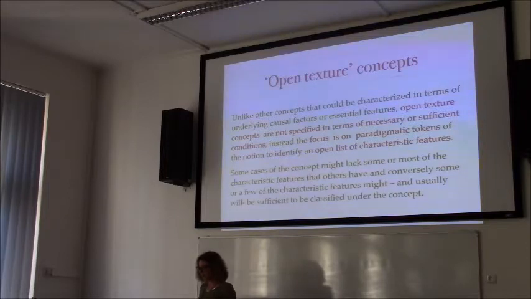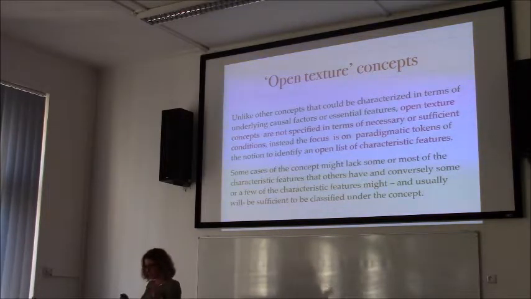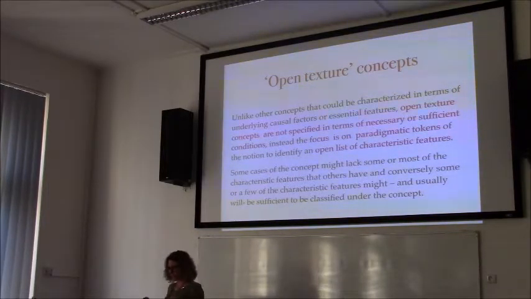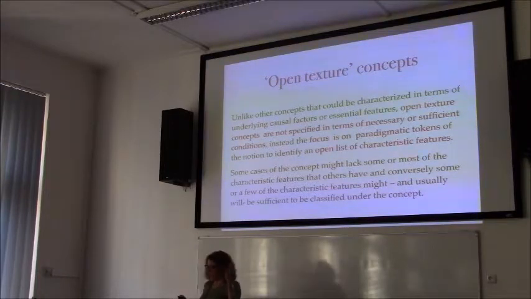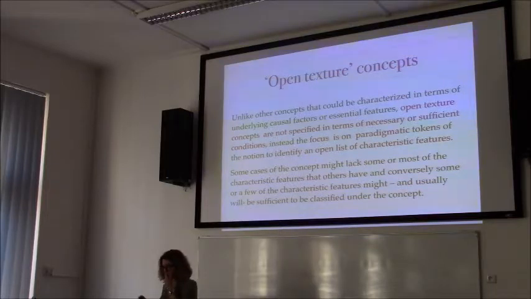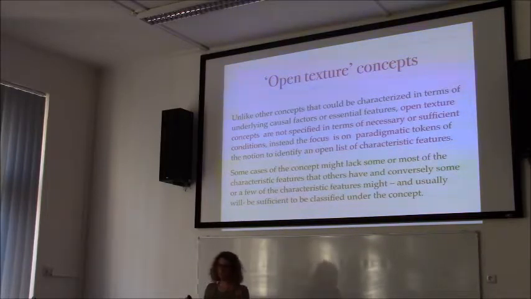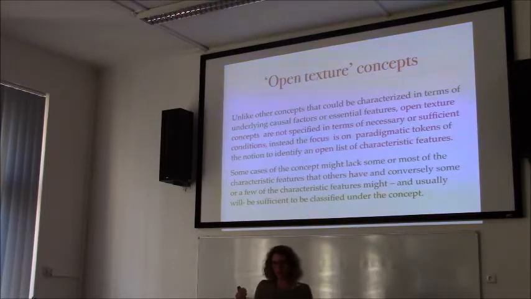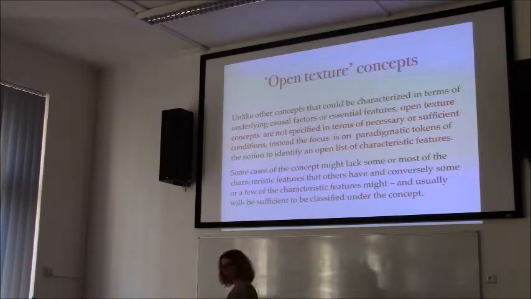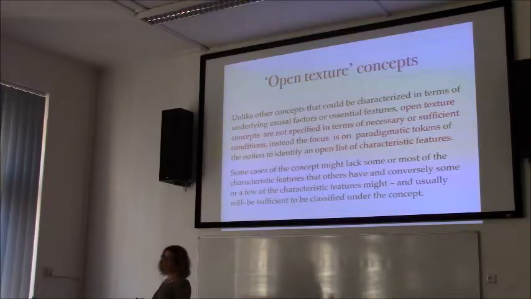And the idea is that some cases of the concepts might lack some or most of the characteristic features, and conversely, a few characteristics might be sufficient to be classified under the concept. And then the question about what characteristics and how many is a question that we need to investigate both philosophically and empirically.